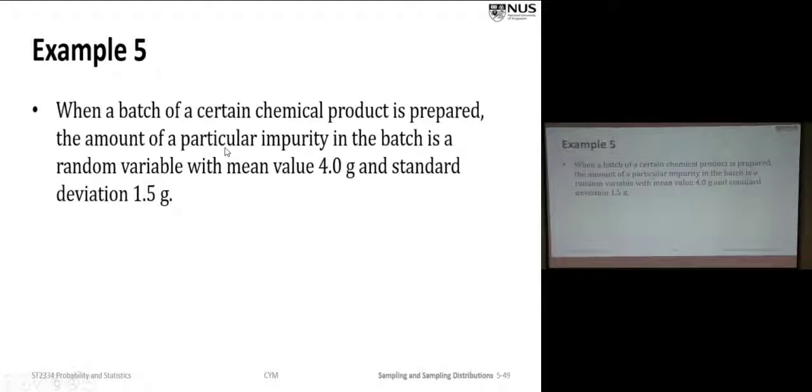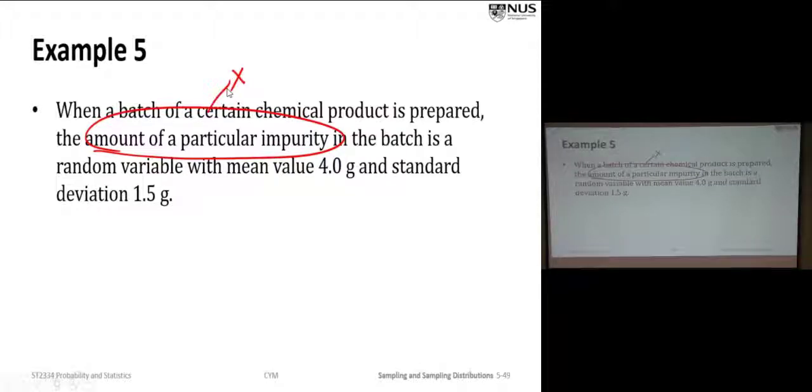Okay, example 5. Here we have a batch of chemical product being prepared, and the impurity is a random variable with mean 4 and standard deviation 1.5. So we are talking about the amount of impurity, that is our random variable.